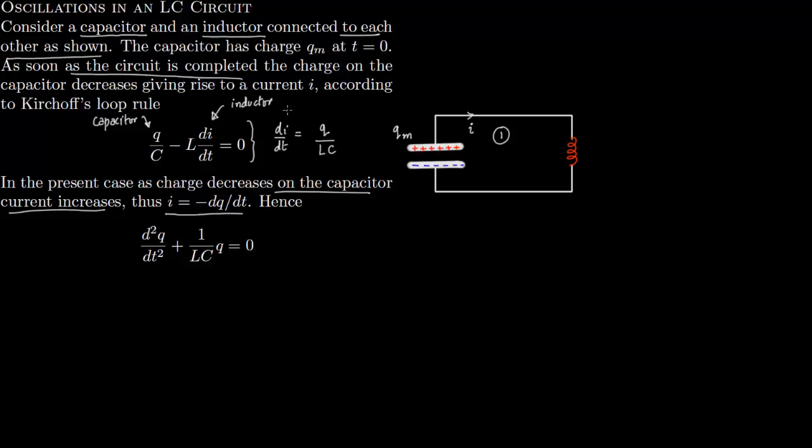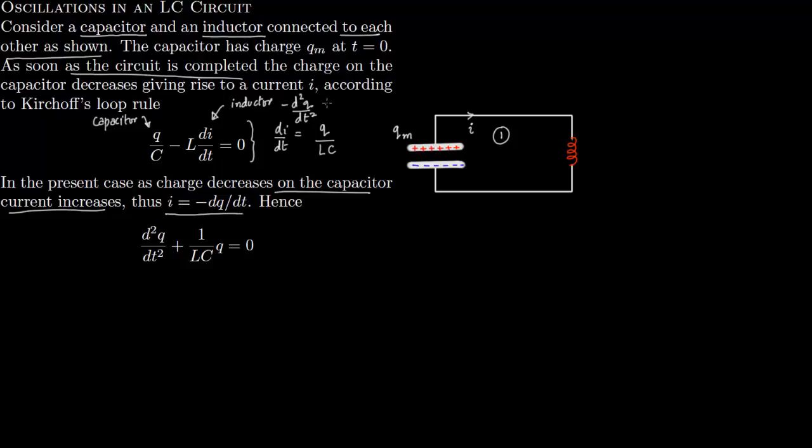So we have rearranged this equation. Now I, we are saying, is minus dq by dt. So instead of di by dt, we can write minus d2q by dt2, because instead of I we are writing minus dq by dt.